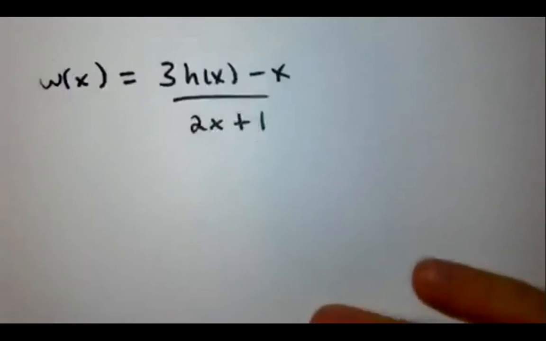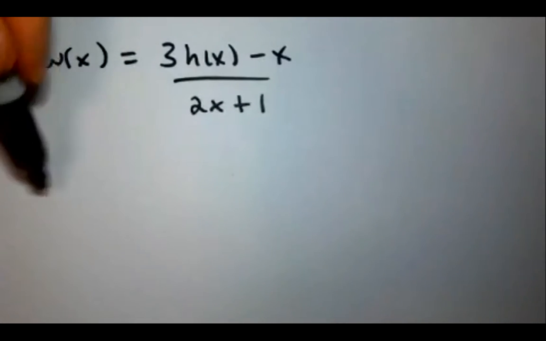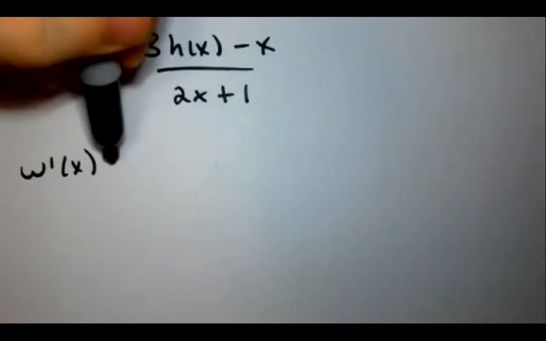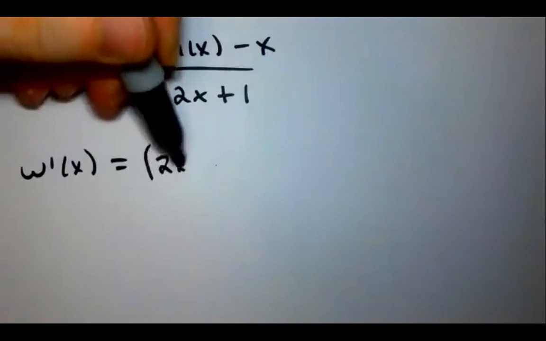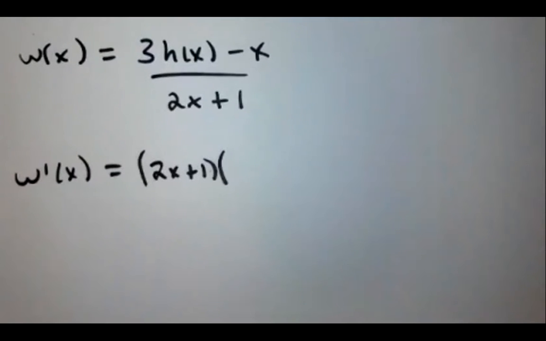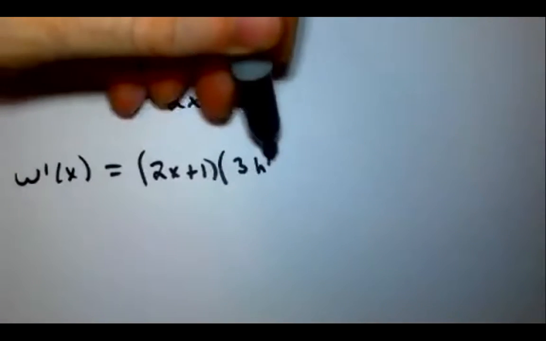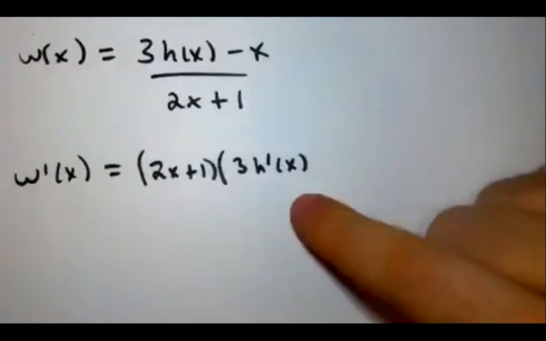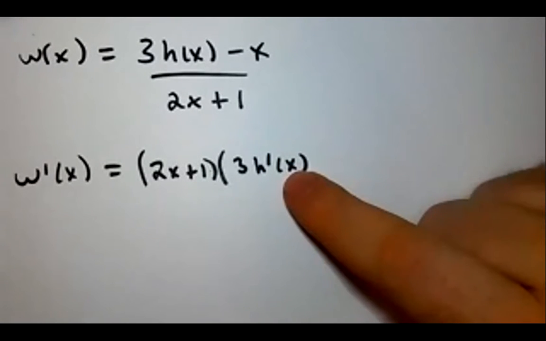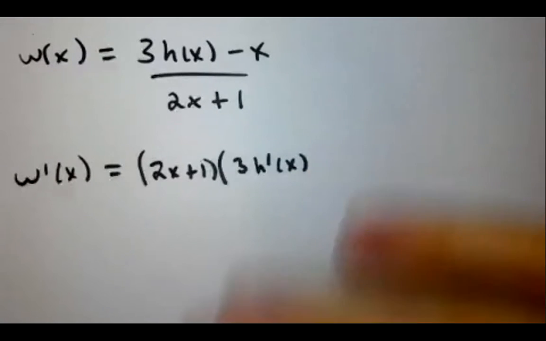Okay, so w prime would be a quotient rule. So this would be bottom, derive the top would be 3h prime of x. Now, usually when we do these, it's trig prime, stuff prime. Usually there's something in here that you need to derive. You should be able to hopefully just look at this and go, stuff prime's 1, we're okay.